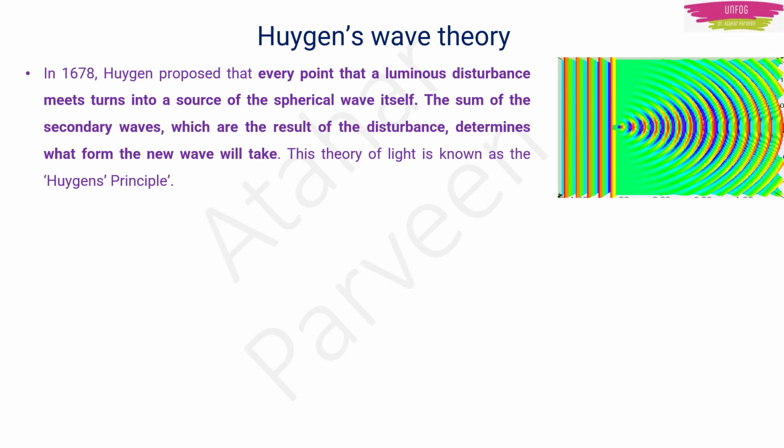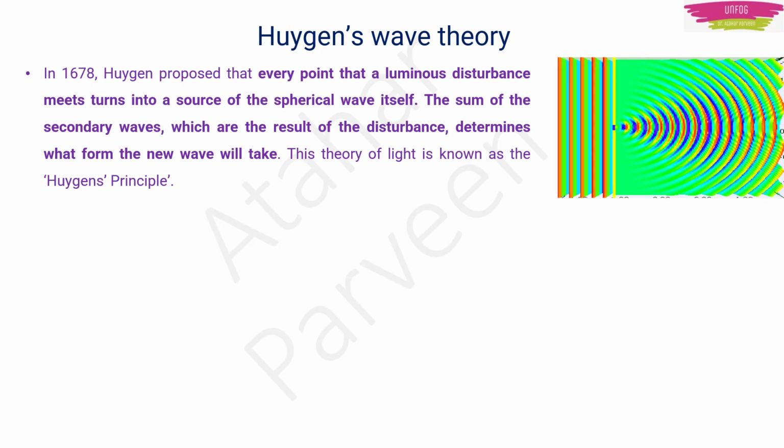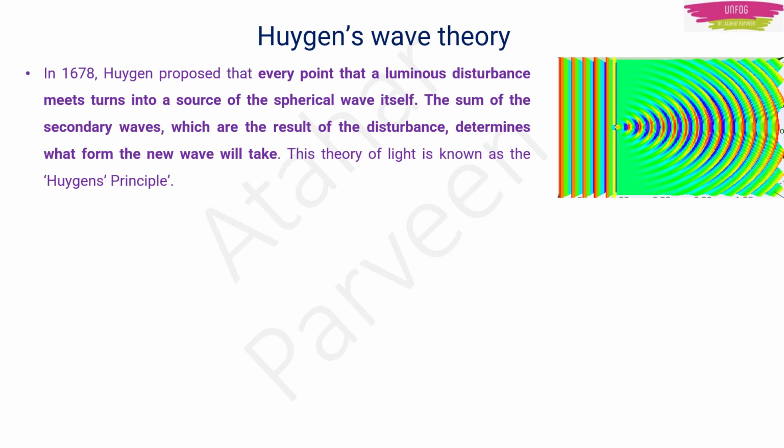So the first point was your stone, that is your source. Okay, you think that water has light now. That stone is a source now, which is making one spherical wave. Now this spherical wave is the reason for the formation of the secondary wave. That's why the second wave is forming, right? That is what he is telling.